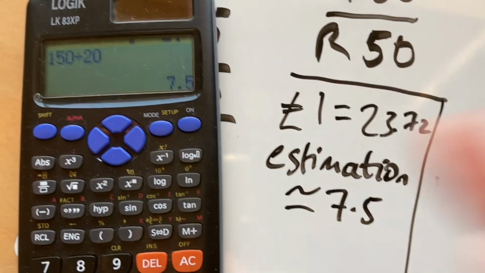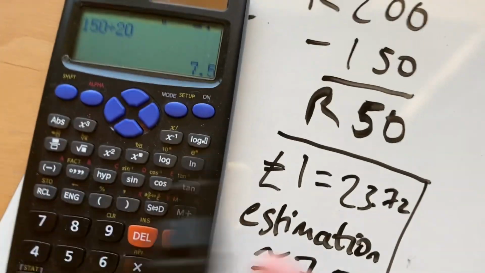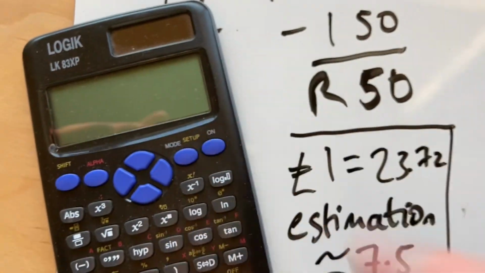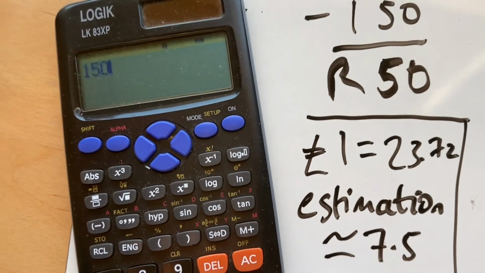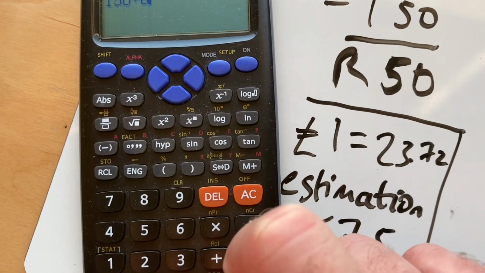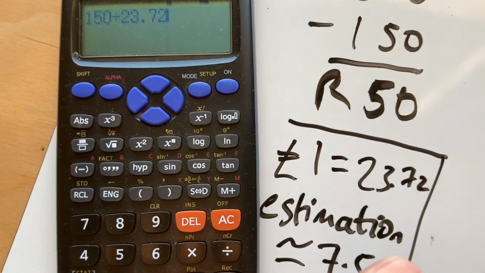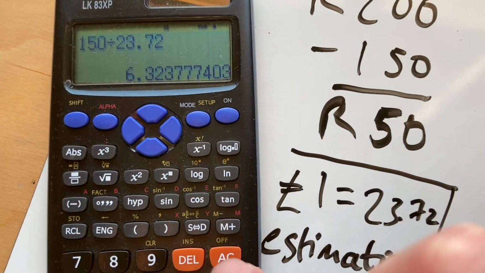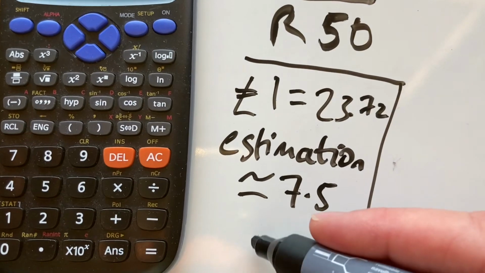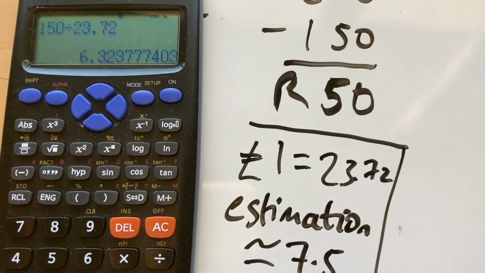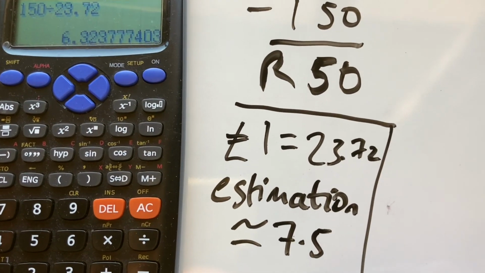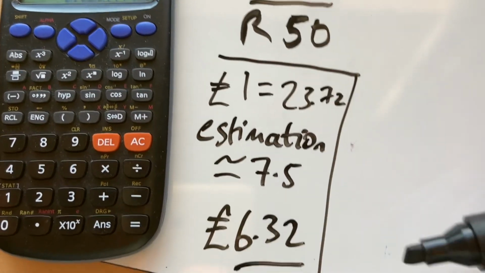7.5 pounds. If we do it absolutely, using today's exchange rate, then I'd do 150 divided by 23.72, and I get 6.32. So that's how much it cost me in UK pounds, £6.32.